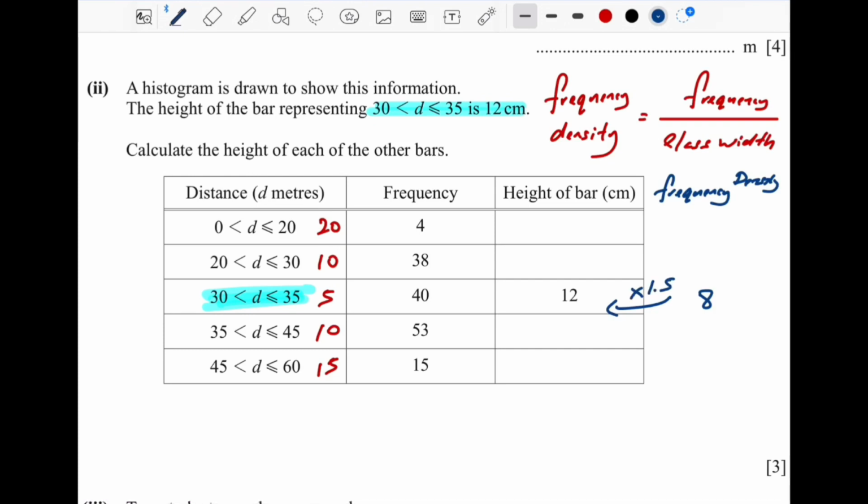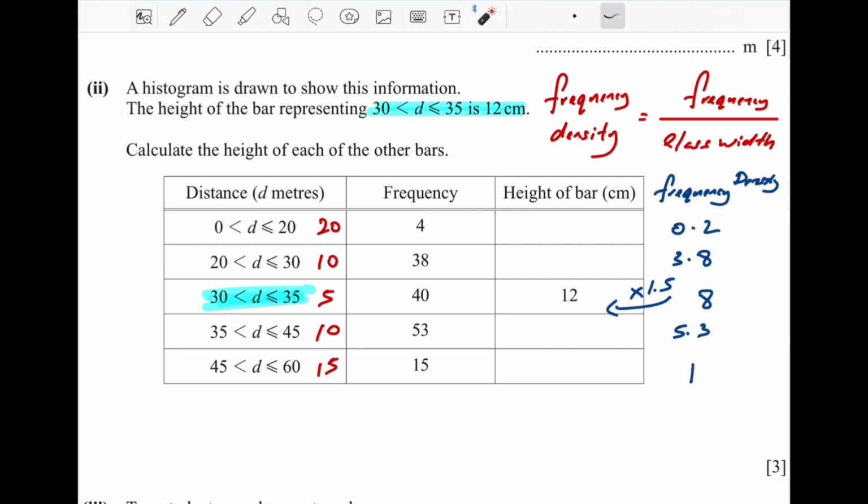Okay, so in order to fill up all the blanks, I think it's best if we find the frequency density for each category first. 4 over 20, 0.2; 38 over 10, 3.8; 53 over 10, 5.3; 15 over 15, 1.